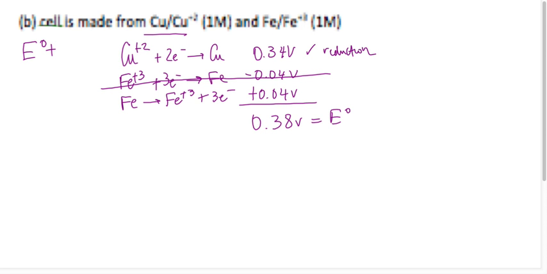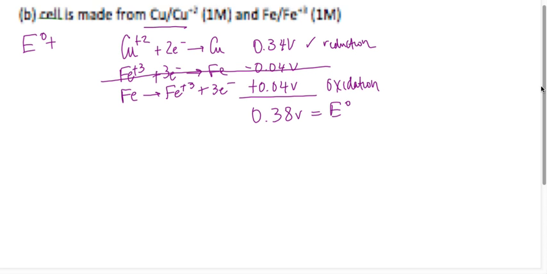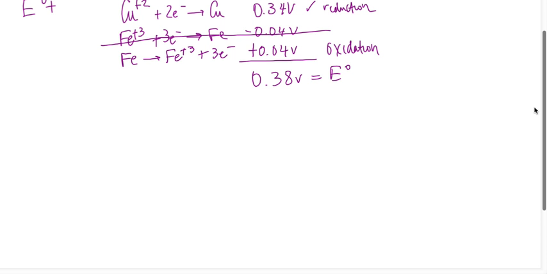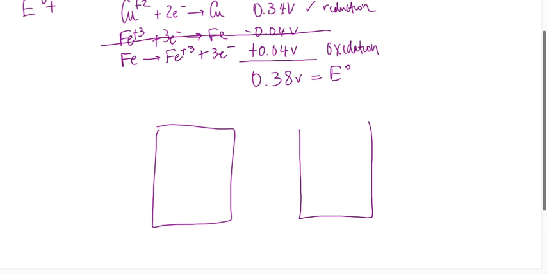So now that we've done this, we can now start drawing our cells. I want to put, just so you don't think electrons always flow to the right, reduction here this time, oxidation here.